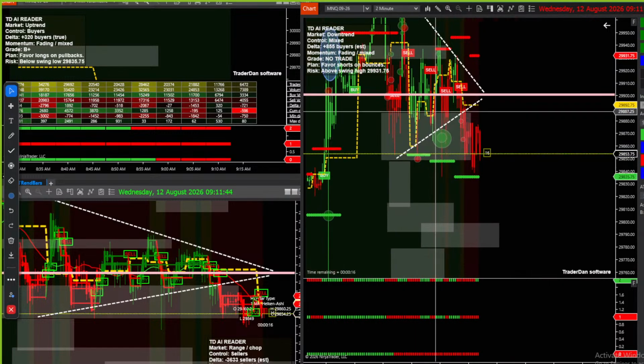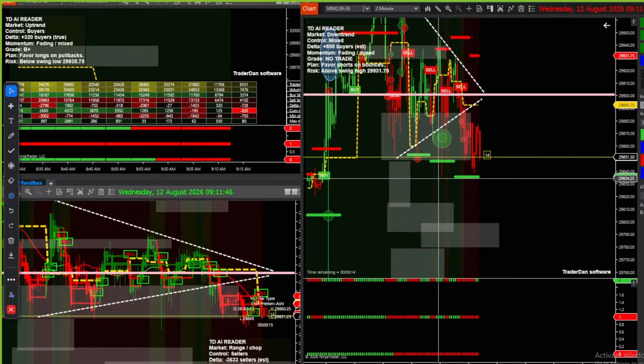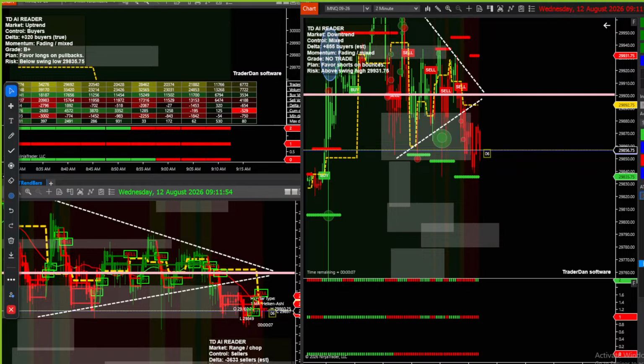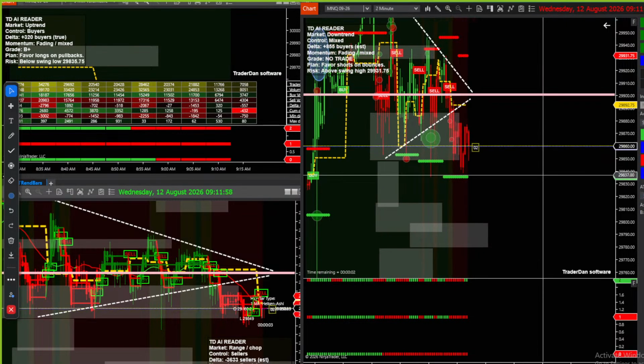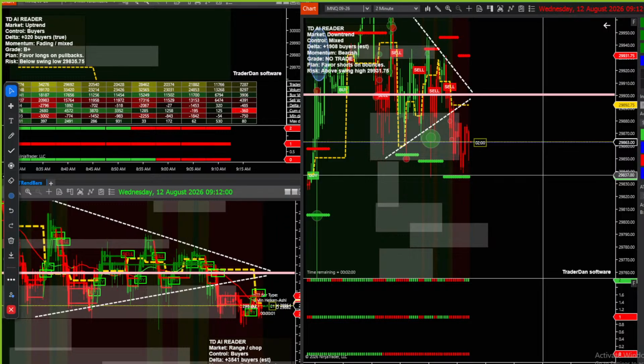Double bottom here. This was a Trump tweet, it looks like, about the Iran war. Another suck right back up.